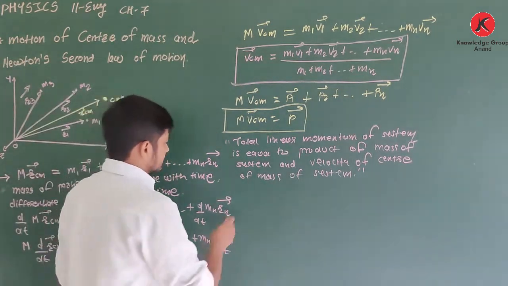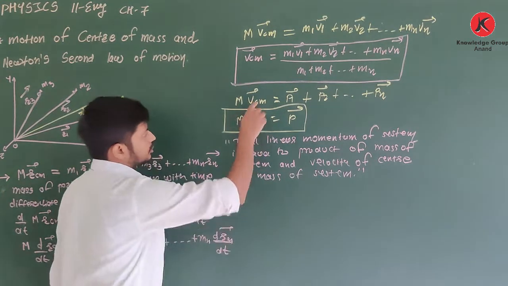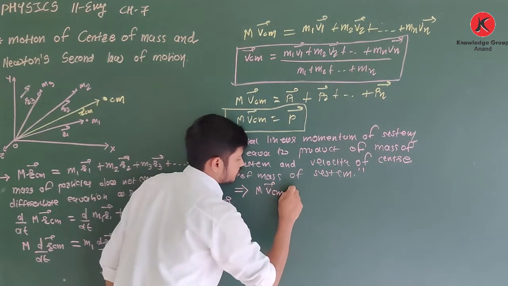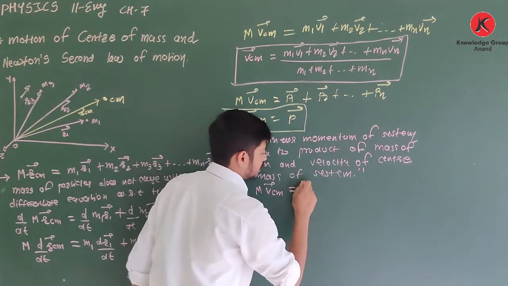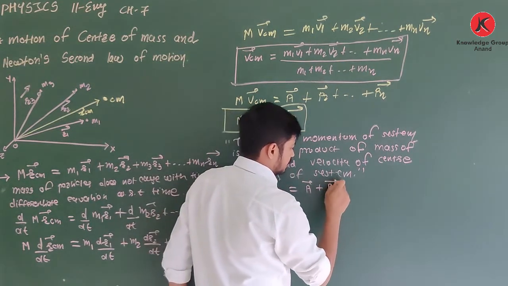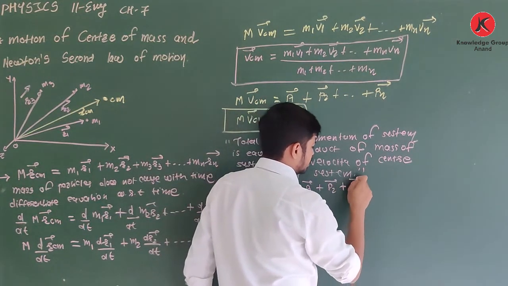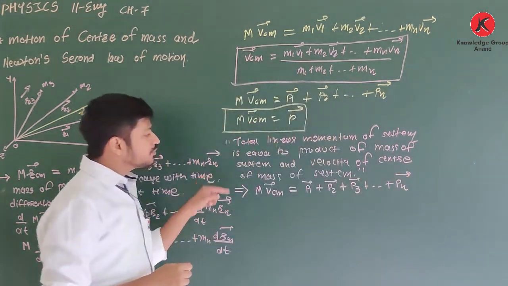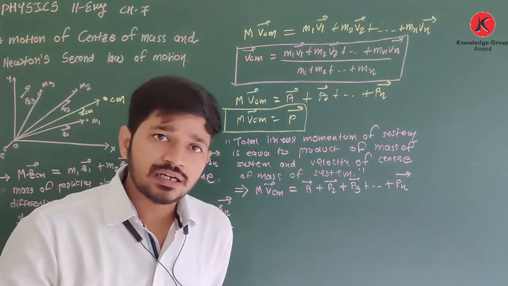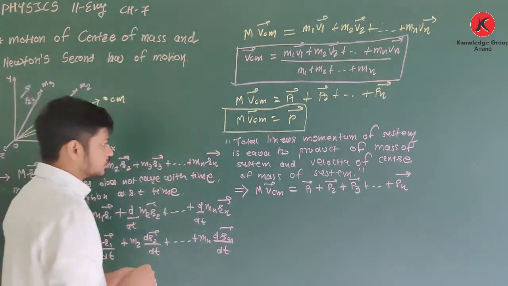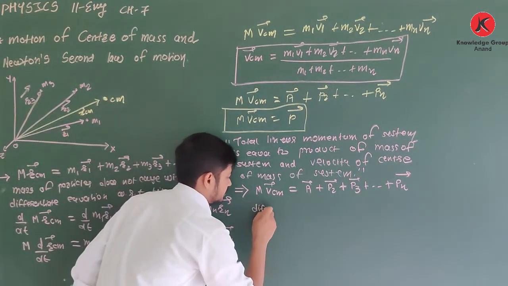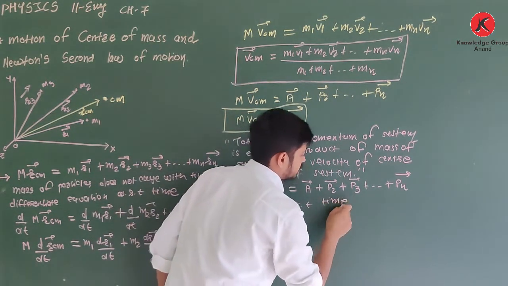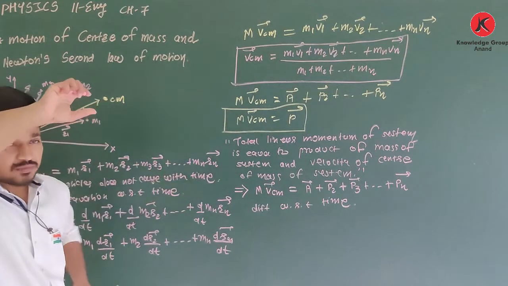Now next, if we have this equation, m v center of mass is equal to p1 plus p2 plus p3 and so on, pn, we differentiate this equation with respect to time. Then see what happens.